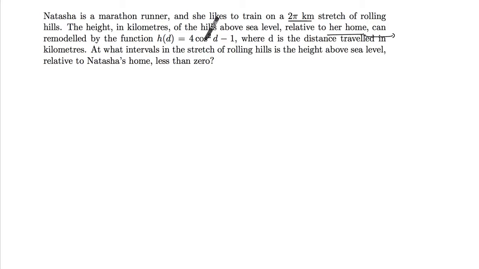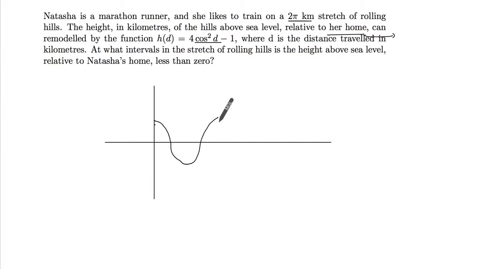So the key thing here is the squared. This is what a cosine graph looks like, the base cosine graph. But if you square it, what happens is this. If you square any values that are less than 1, it gets smaller.